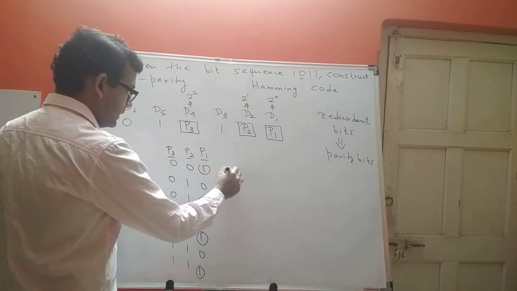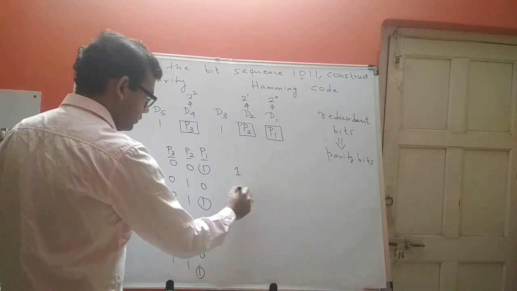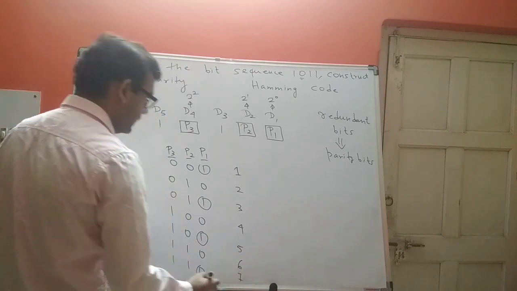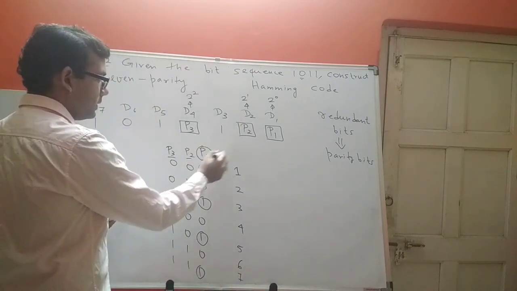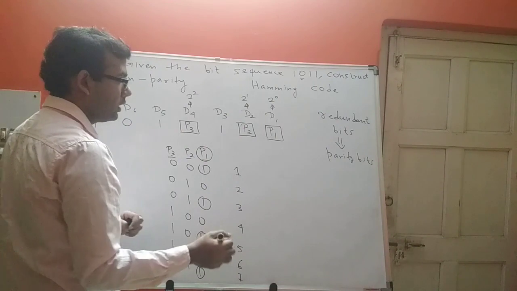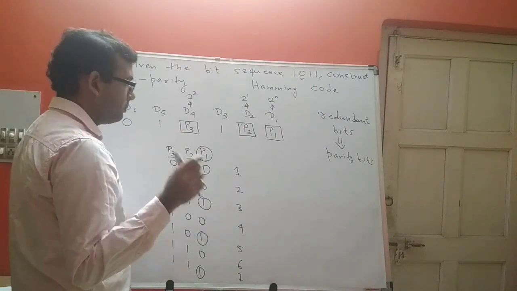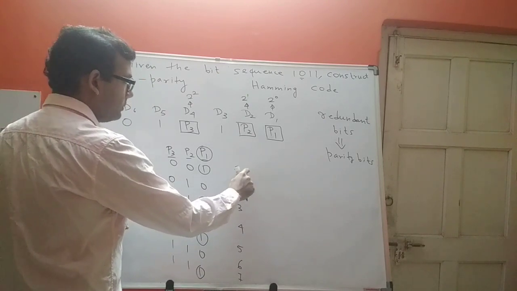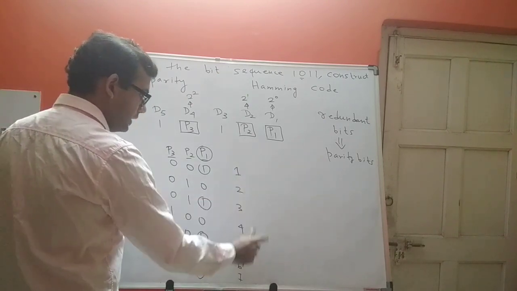This is 1, this is 2, this is 3, this is 4, this is 5, this is 6, and this is 7. That means the P1 parity bit decides its value based on the bit positions 1, 3, 5, and 7.